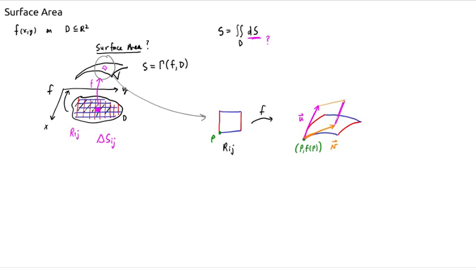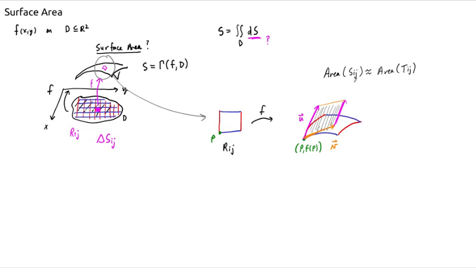I'm not the best sketcher in the world, as we all know. But if we can compute the area of this parallelogram, we can say that the area of this little portion of the surface over R_ij is approximately equal to the area of the tangent plane over R_ij.